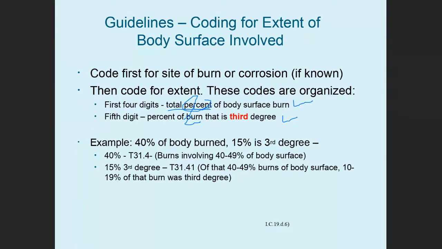And of that 40 to 49%, 15% is 3rd degree. So you have a digit 1, T31.41. Of that 40 to 49% of the body surface, 10 to 19% of that burn was 3rd degree. So the 5th digit is part of the 4th digit, but it's being more specific.